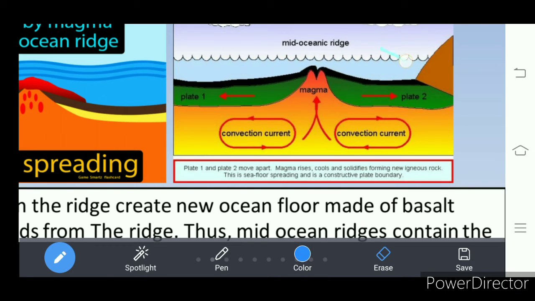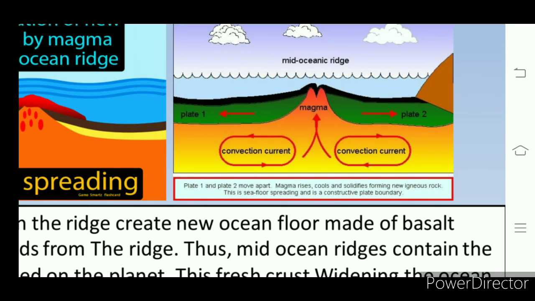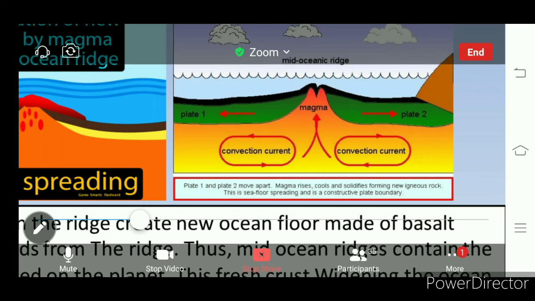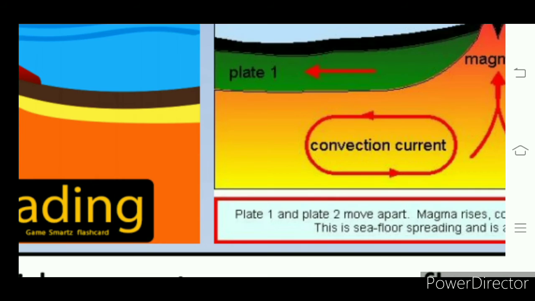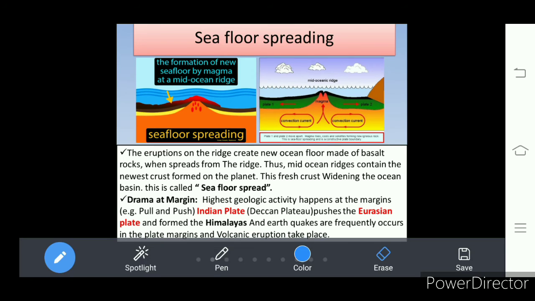In this way we see that new crust is always formed at mid-ocean ridges, and this constant pushing of the plates at the plate boundaries is what we call geologic activity.